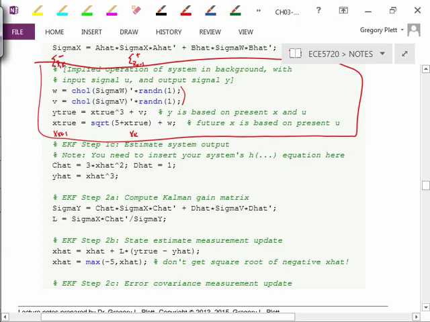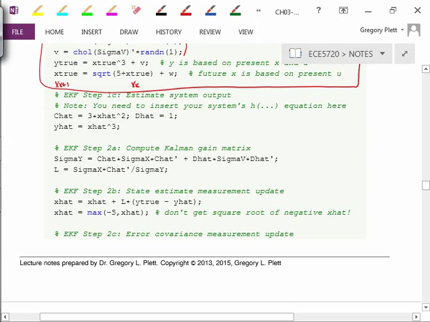The Kalman gain matrix we compute given the sigma y given the equation in the previous section, and we compute the Kalman gain just as listed there. There's no surprises. And then step 2b, we make x hat, this is x hat plus, this is x hat minus, added to L times y true minus y hat.